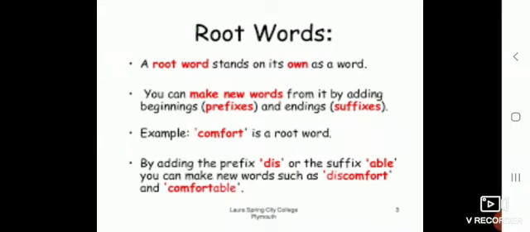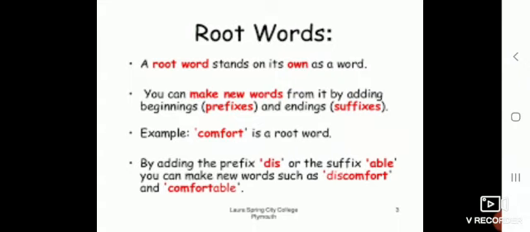Now for example, here we can see comfort, it is a root word. Comfort itself has a meaning, it stands on its own. By adding the prefix dis to comfort, the word becomes discomfort, and the meaning of the root word gets changed after adding the prefix.